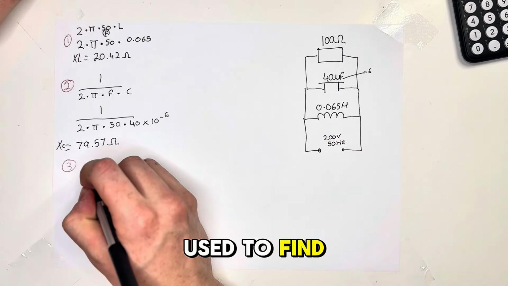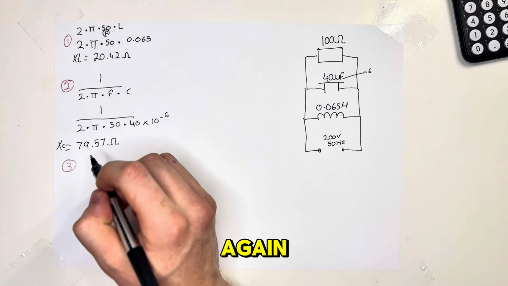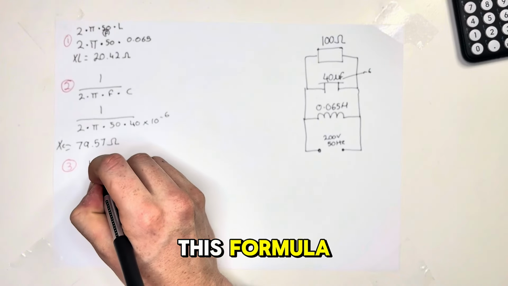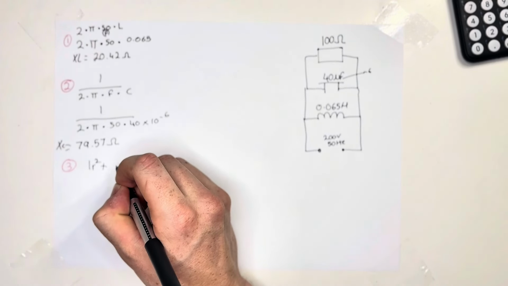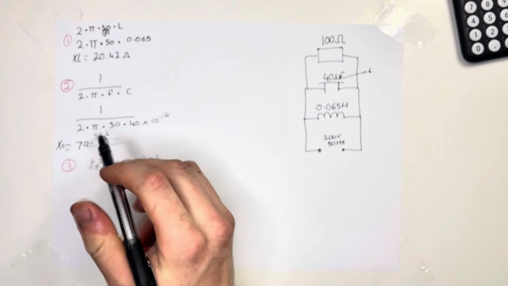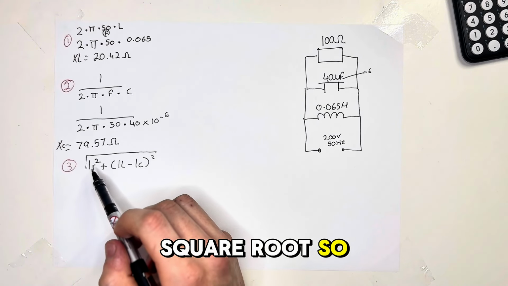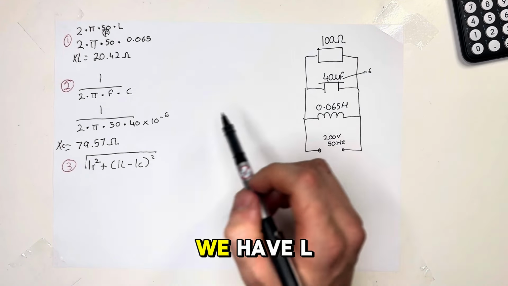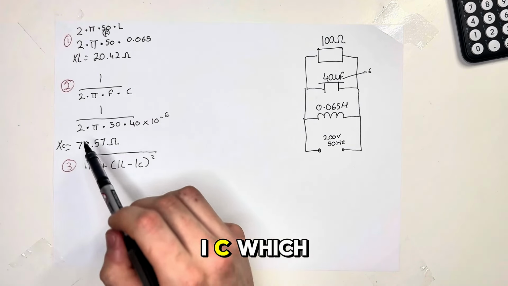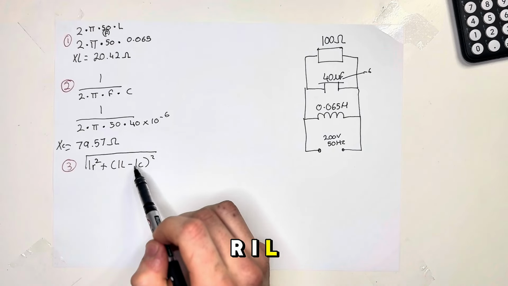Now you're probably used to finding the impedance of a series circuit, but we are going to be basically finding it again, but it's just going to be a little bit different. You'll see in your formula books this formula: IT equals the square root of IR squared plus IL minus IC, all squared. So we have to find IR, IL, and IC.